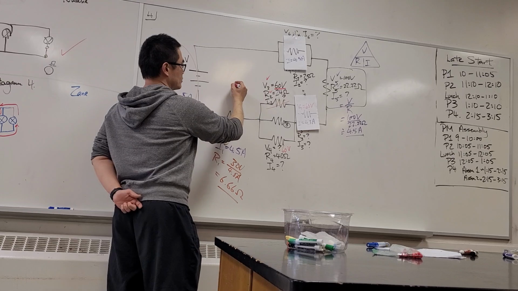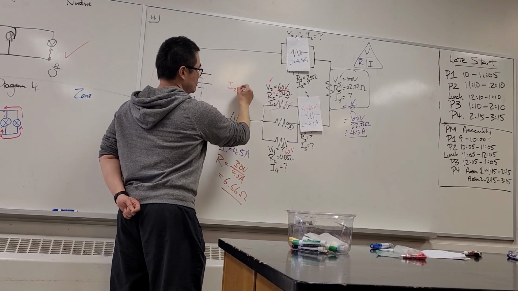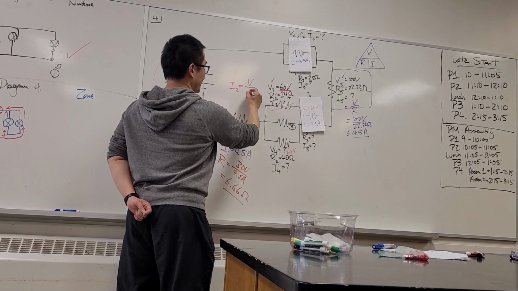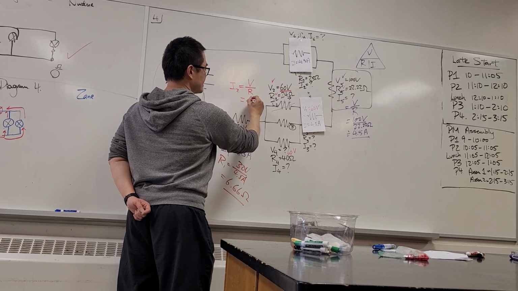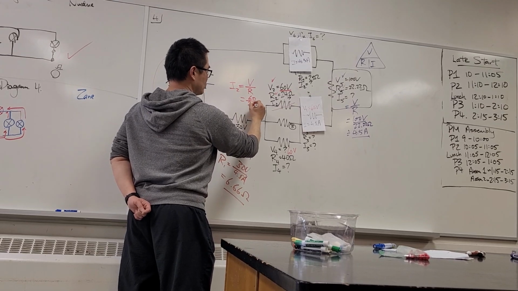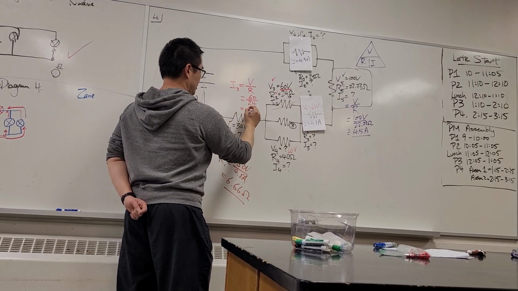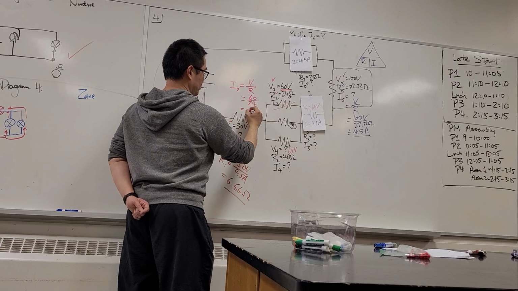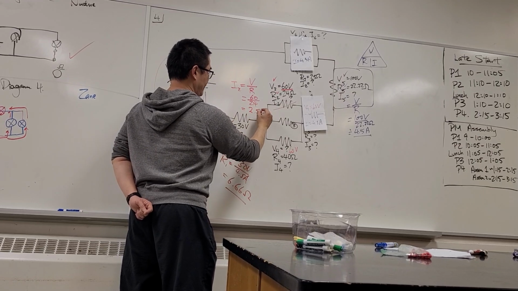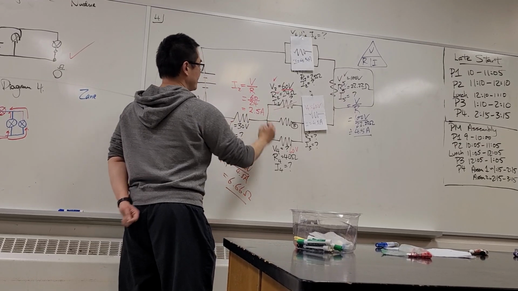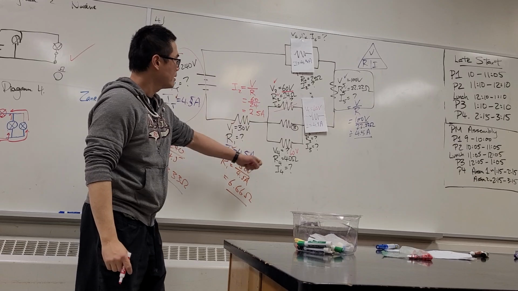So let's do this one here. I2 is the same thing as V divided by R. V is 60, R is 24. That should give us about 2.5 amps. Yeah, that's 2.5 amps here.